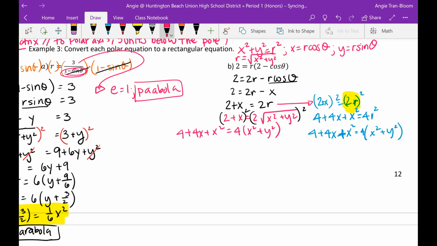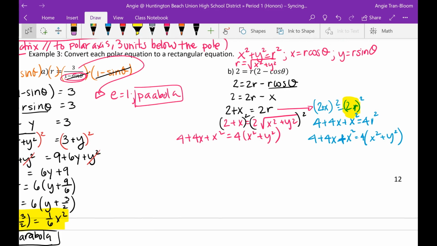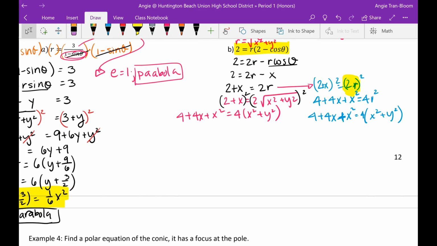Okay, let's put it in standard form, because this polar equation doesn't look like something that I know right away unless I put it in standard form. So let's work out the standard form, okay? I will write x squared plus 4x plus 4, distribute my 4, x squared plus 4y squared, okay?